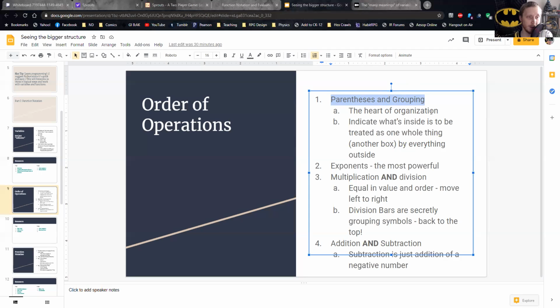It's the heart of the organization, because they tell you what's inside is to treat it as one whole thing, i.e. another box, right? Parentheses create another box, and it says this stuff is in the box, and everything outside, right, operates on the whole box.